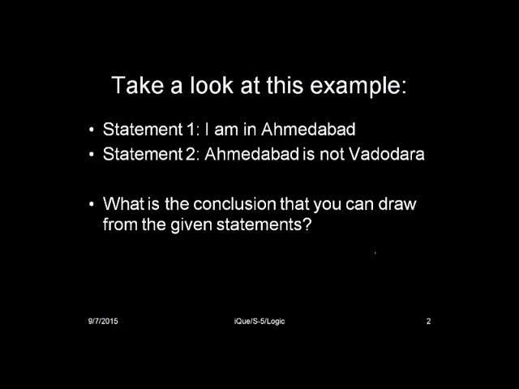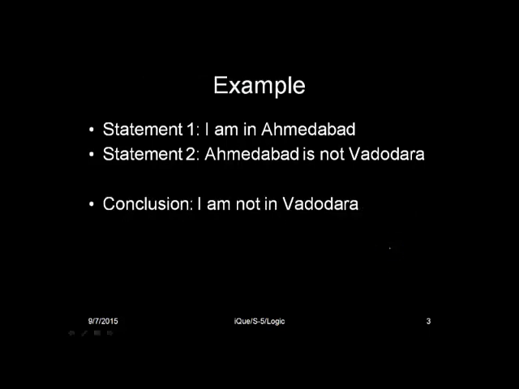Now, given that these are facts and they have to be taken to be true, what is the conclusion that you can draw from these statements? If you take your time and think about it, I'm sure most students would draw pretty much the same conclusion: if I am in Ahmedabad and Ahmedabad is not Vadodara, then I am not in Vadodara.